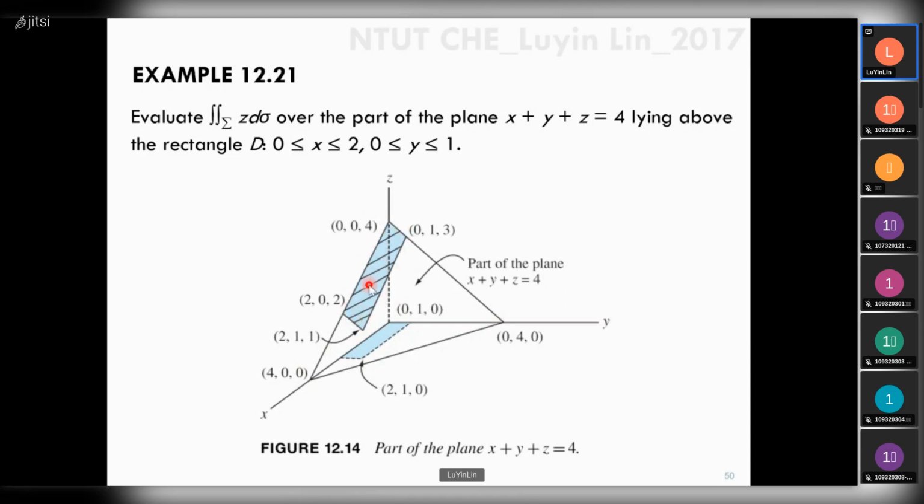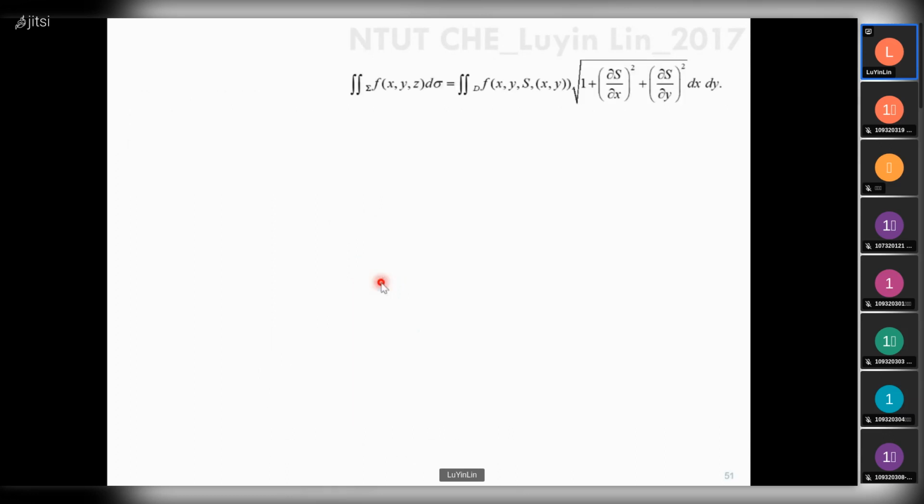Let's do the surface integral. You can check the equation I put here. It is the surface integral, right? The f is the function, and sigma is the target of the surface. You can change d sigma into dx dy by using this kind of conversion.